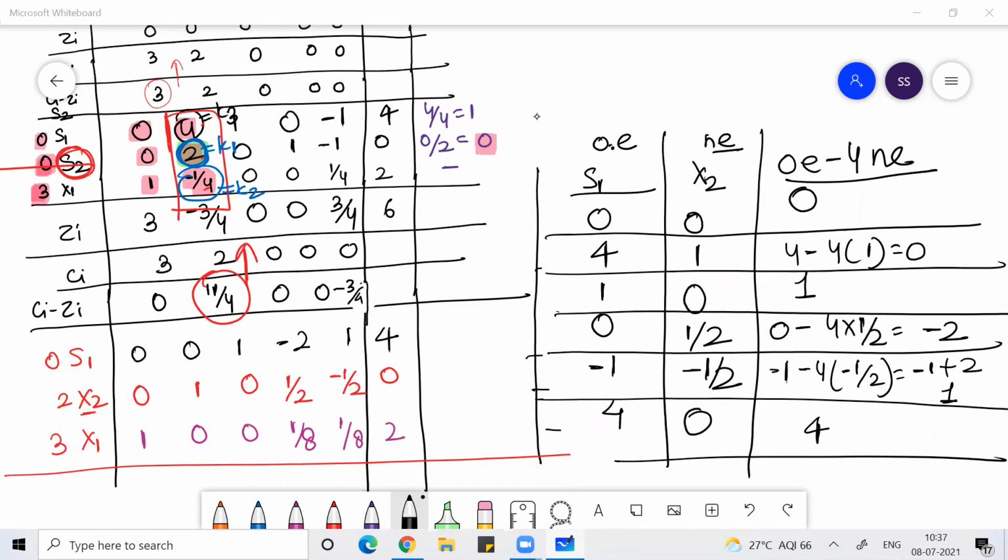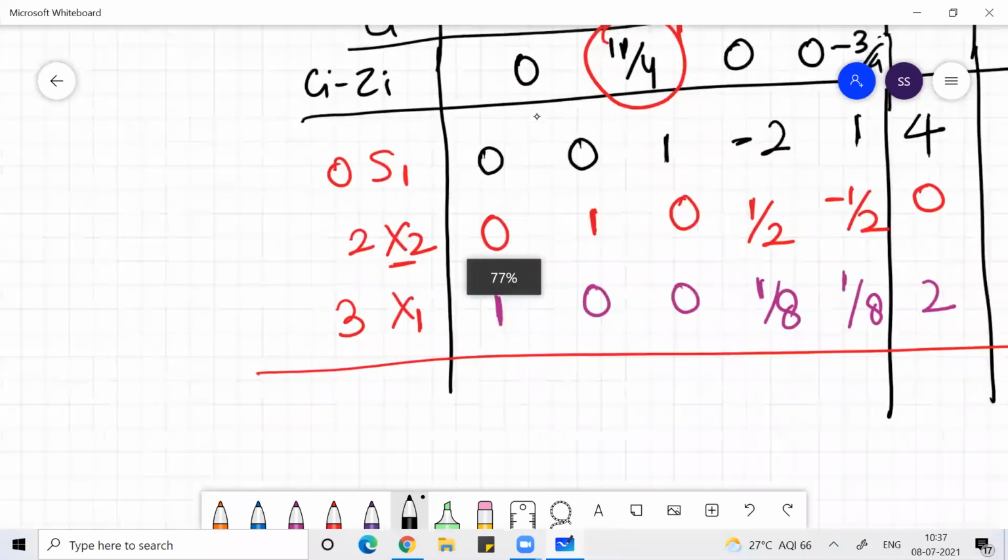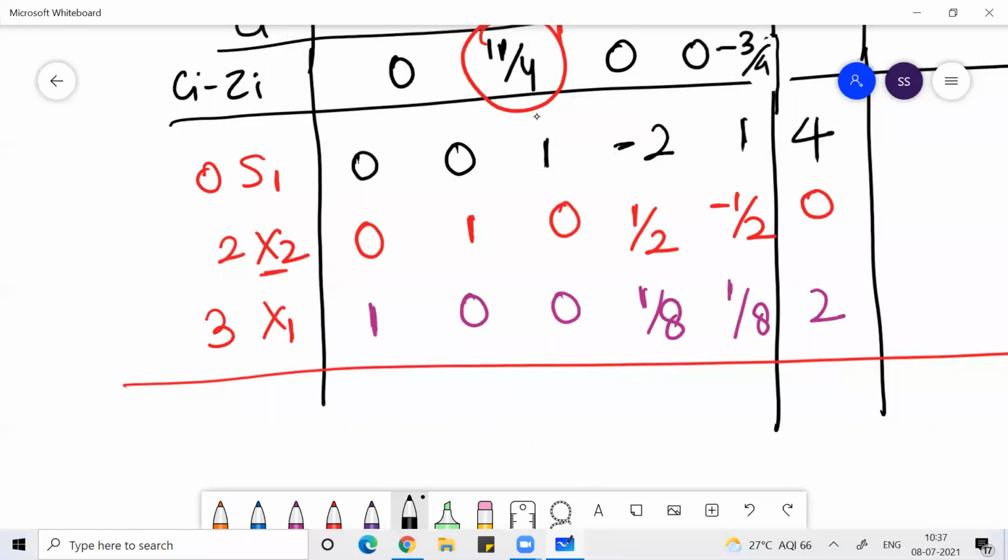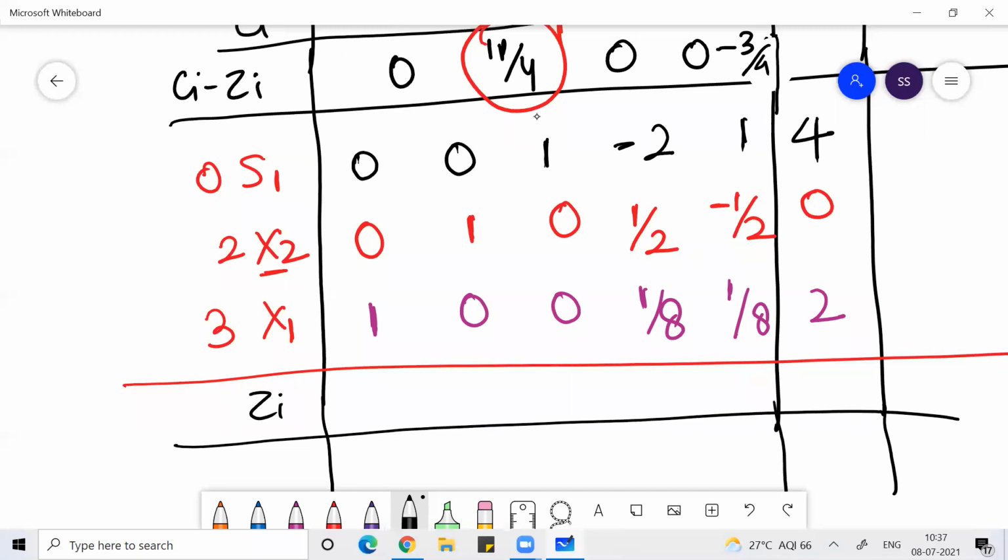So now what I can do is find the Zj values. The Zj value would be nothing but 0 into 0 plus 2 into 0 plus 3 into 1. So that would be 3.